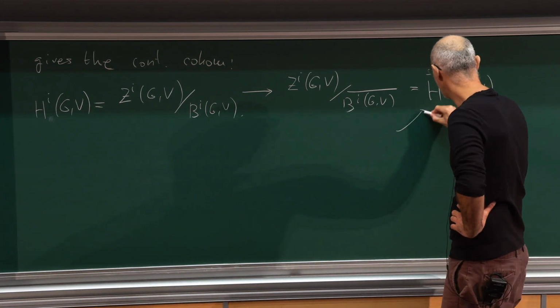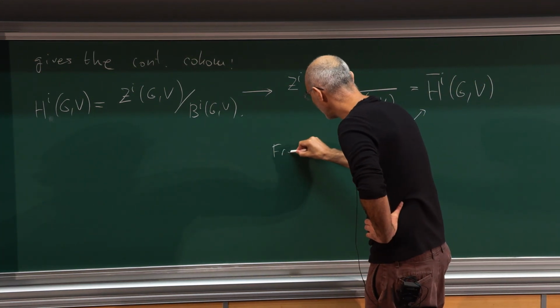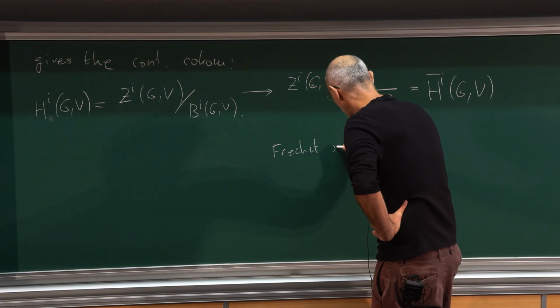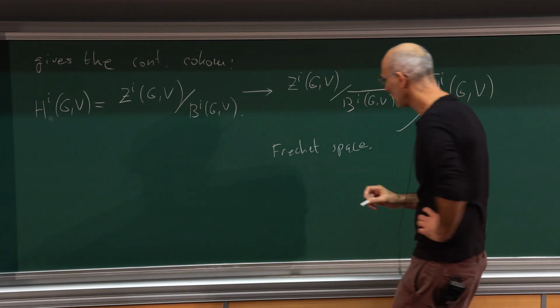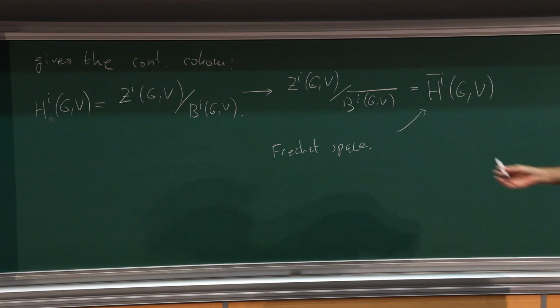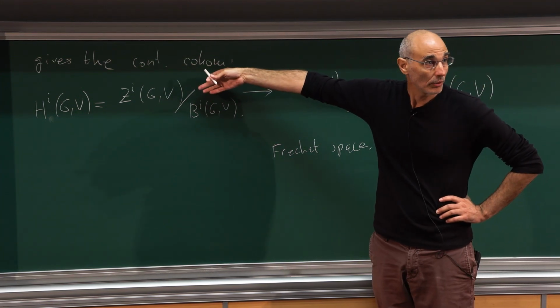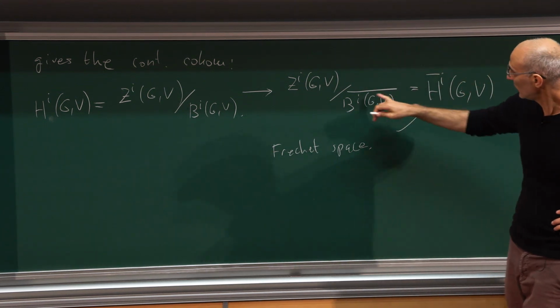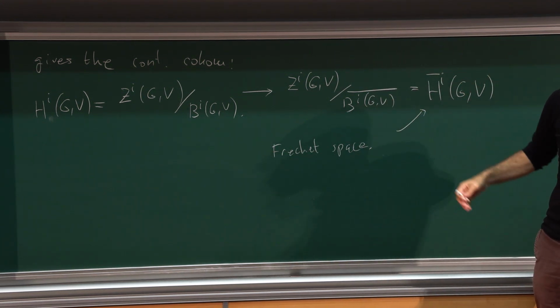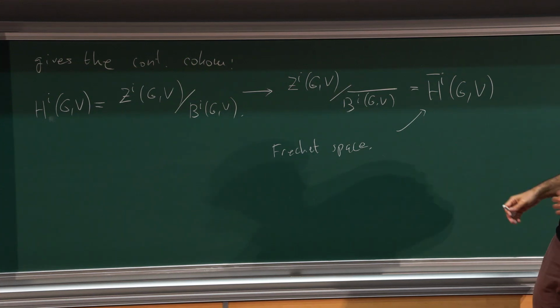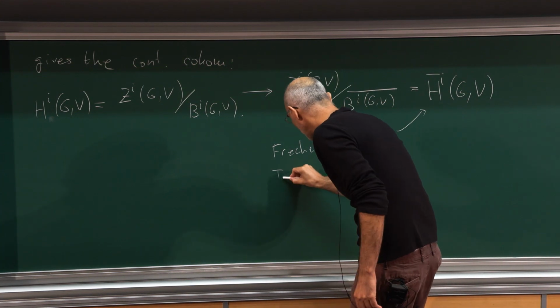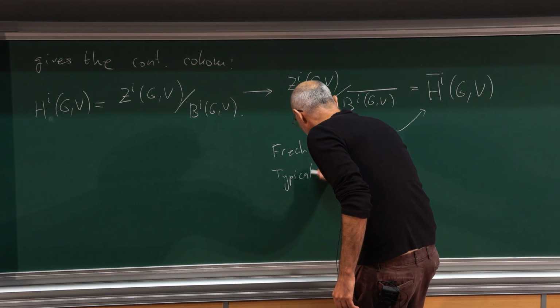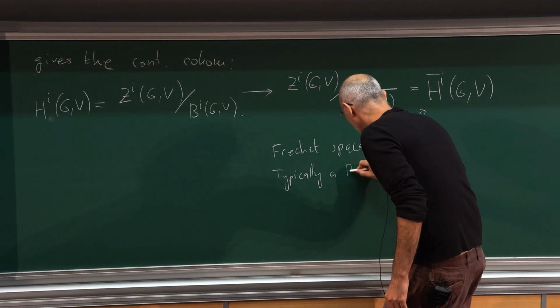So this is a Fréchet space by itself. And also here you have semi-norms but they don't separate all points. They don't separate 0 from other points, and this is exactly what I fixed when I took the closure here, took this quotient. And maybe I should also say that this is typically a Banach space.